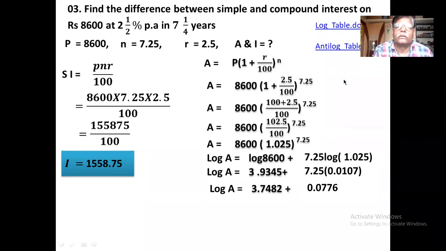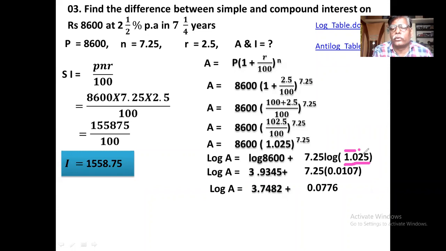This is the number. 1.025 is the number. While using the logarithm table, forget the point. You forget the point and take the first two digits as 10. You consider this as the 10 number.